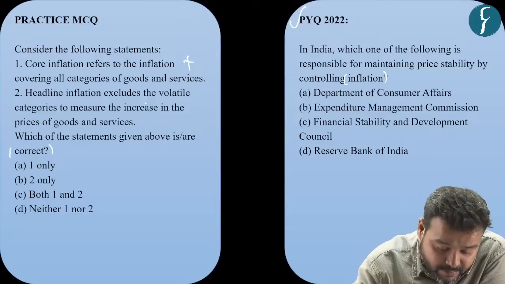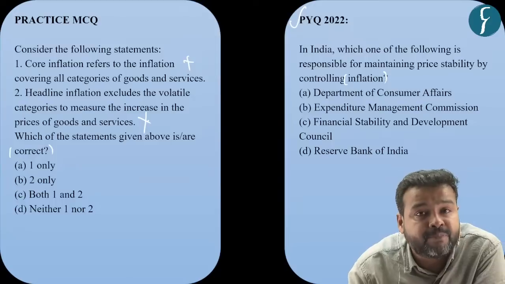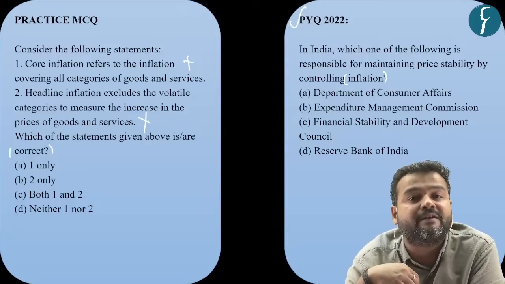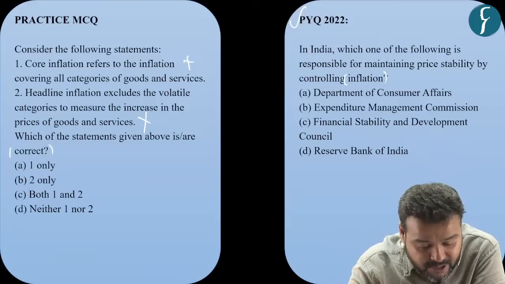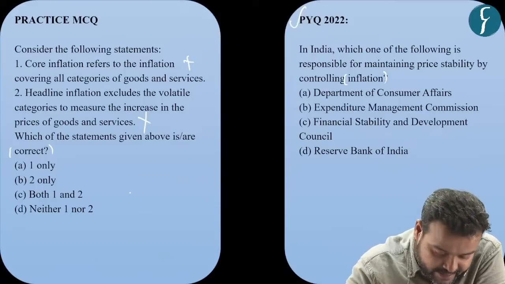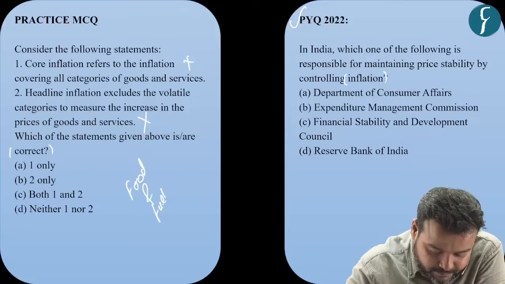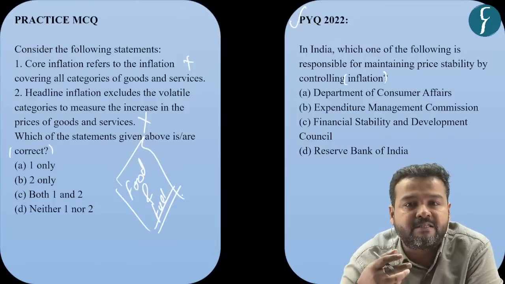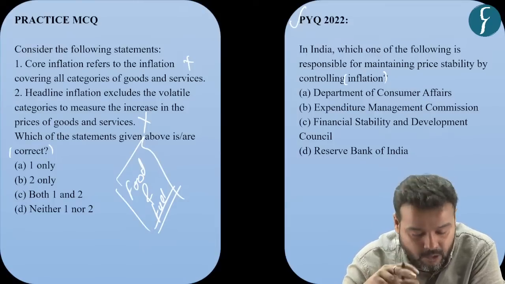Again, this statement is incorrect, as this definition is more related to core inflation, which excludes volatile categories like food and fuel. So the statements were interchanged.